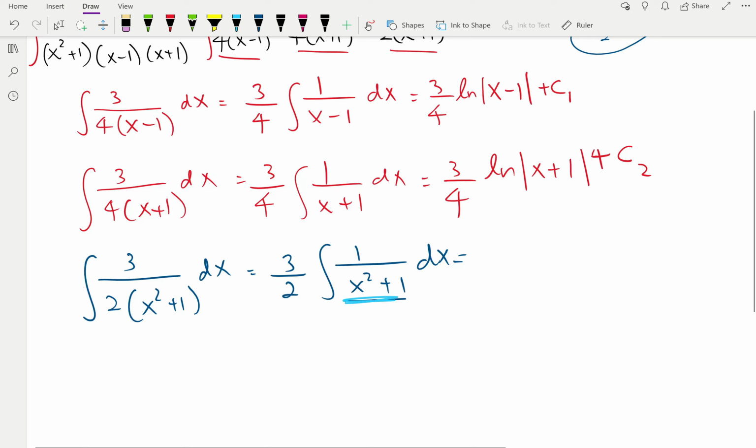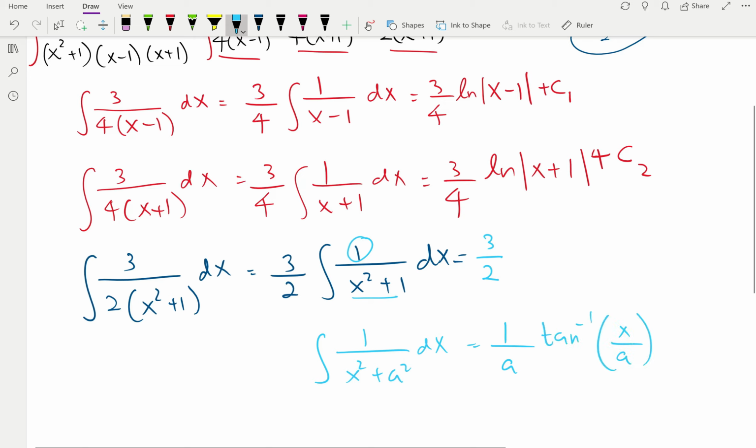So now here we don't need to use integration by substitution because we can use the tangent rule directly. So here we have a constant over, so what is the tangent rule? It's 1 over x square plus a square. If you have something like this, the solution is 1 over a tangent inverse x over a, right? So here a square is 1, so a is 1.